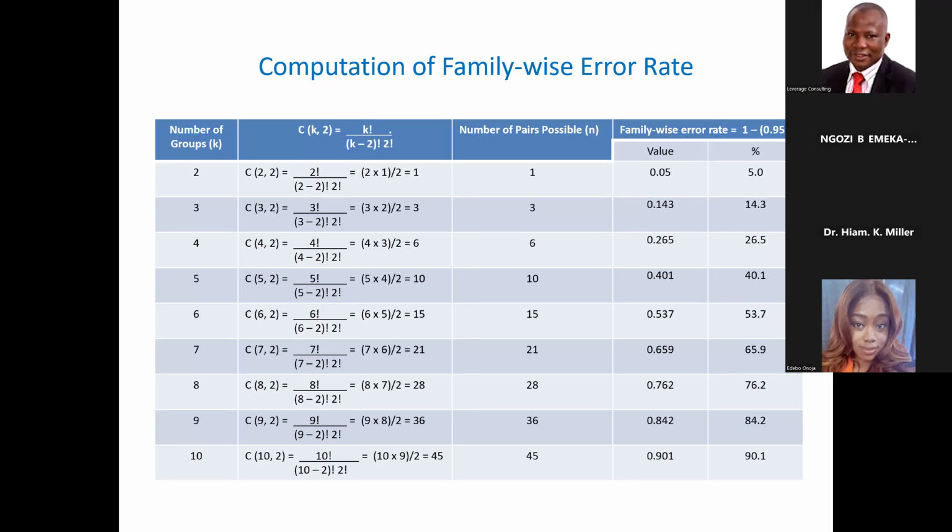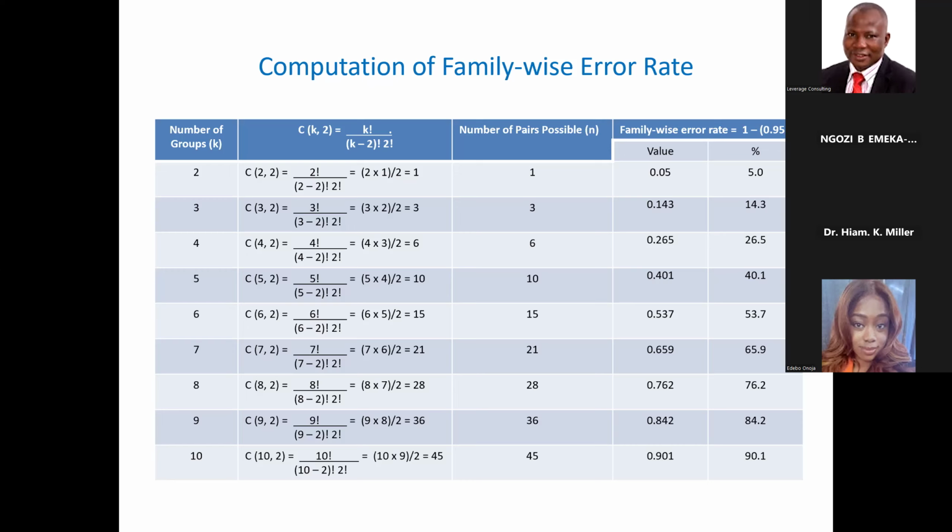But if it is 3 groups rather, you are going to do 3 tests. Each of them is 0.05. So if you have set your level of significance to be 0.05, the probability of not committing type 1 error will be 0.95.